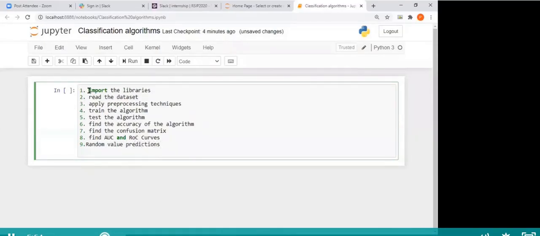Can you please tell me what is the difference between the regression algorithm and the classification algorithm, up to how many points it is similar, and what are the different points for the classification algorithm? Yeah.